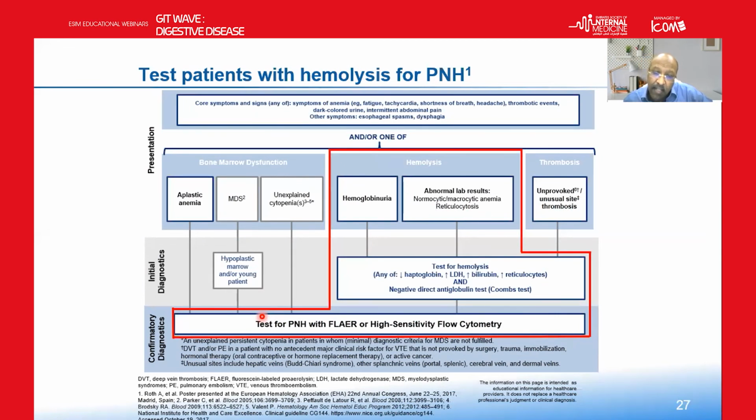They do it by either high sensitivity flow cytometry or another more advanced test called FLAER. This test, just to draw your attention, is available in the United Arab Emirates. For example, in Abu Dhabi here, they do it for us in Sheikh Khalifa Medical City, in the flow cytometry lab.